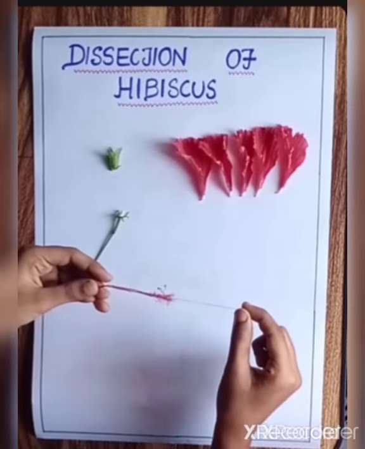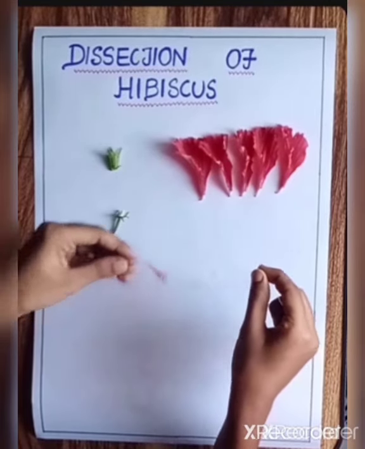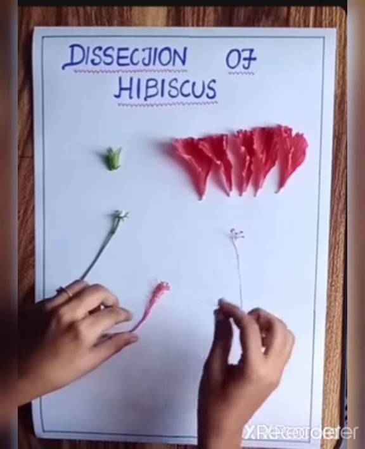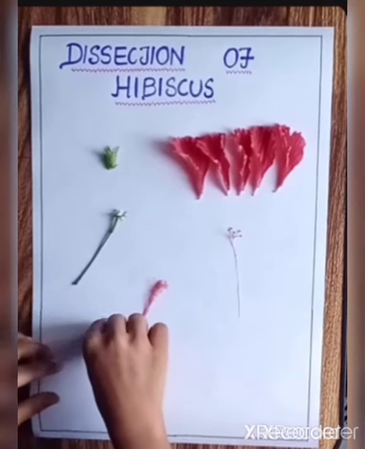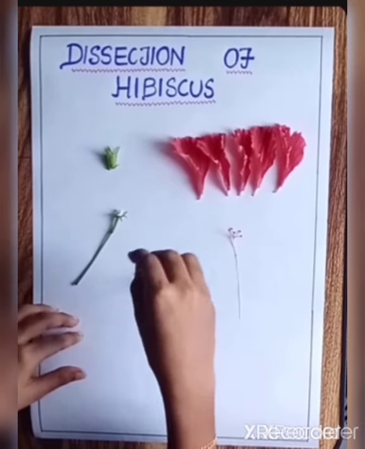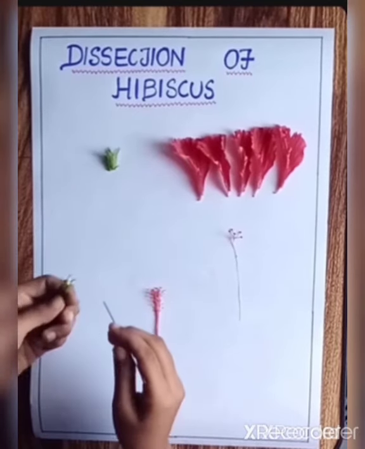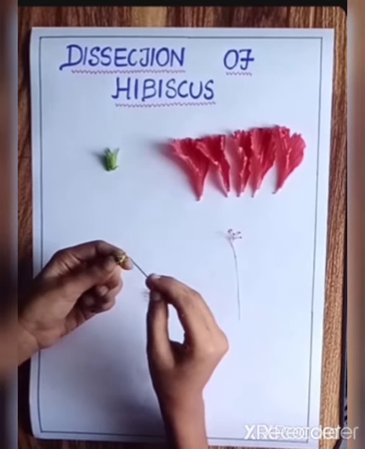Now we have taken the pollen tube attached with the stigma. This is the stage. The ovary is opened to reveal the tiny ovules.